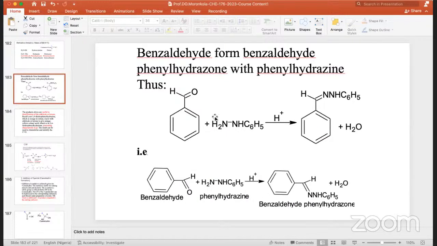You have this H2 and O pulling out to form a stable water molecule. What is now left is that at this end, you have it joining here. So you have your phenylhydrazone. I think in the lab for your practical, I will still demonstrate this too. It's just a repetition of what I have up. That is what is down also.